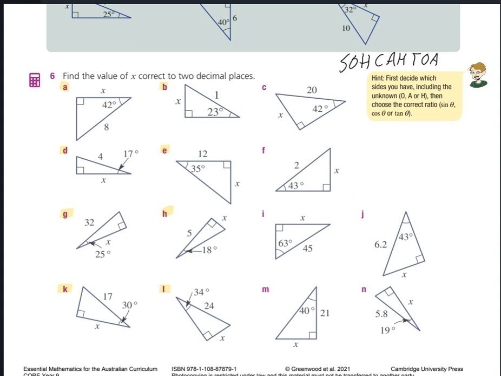So there is my angle, and I've got my hypotenuse, and I've got my adjacent. That means I've got A and H, which means it's going to be cosine. So cos 42 equals adjacent over hypotenuse, which is x over 8. Therefore, I need to multiply both sides by 8, so that it's going to end up being 8 cos 42.